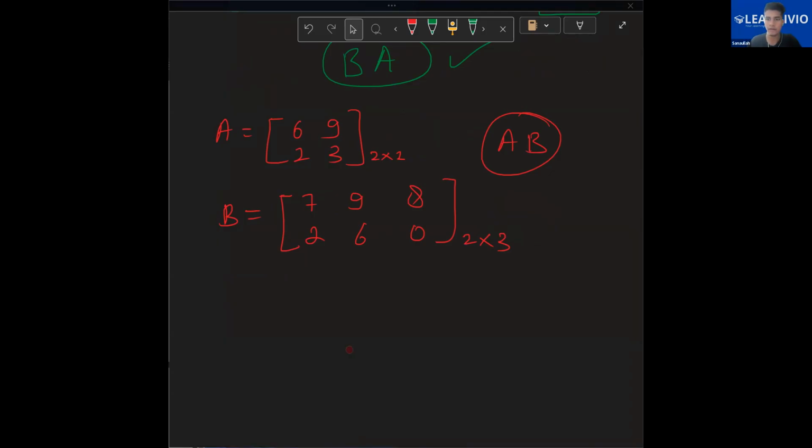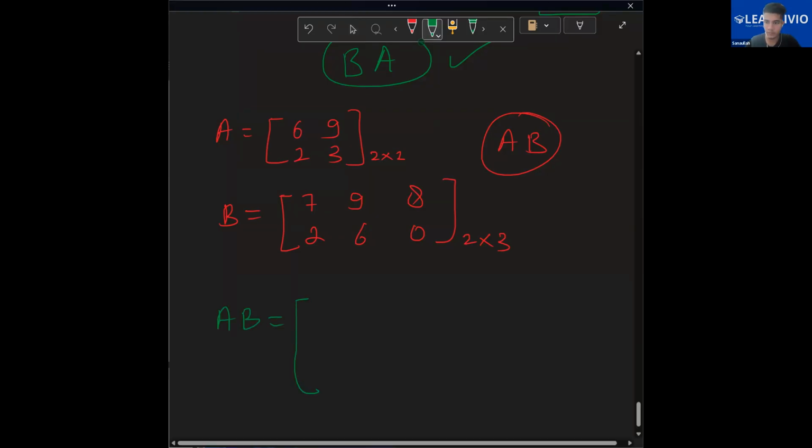Okay, so then you have to find AB. The order of AB should be 2 cross 3. So AB will be a 2 cross 3 matrix.